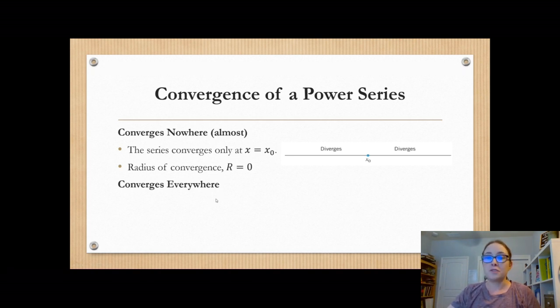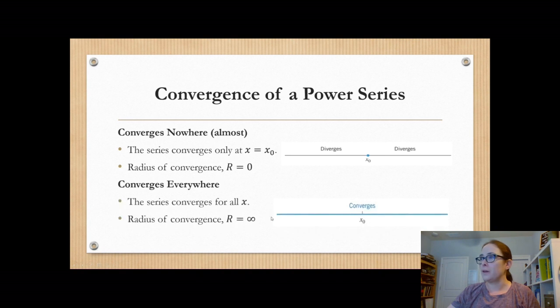If the series converges everywhere, any x value I plug in will give me a convergent series, which means that the interval of convergence is negative infinity to infinity. And that radius, half of the length of an infinite interval, would be infinity.